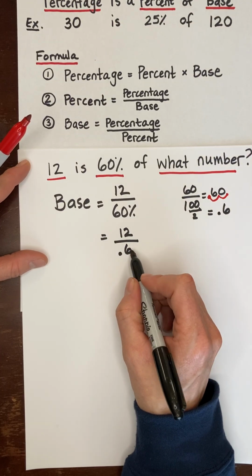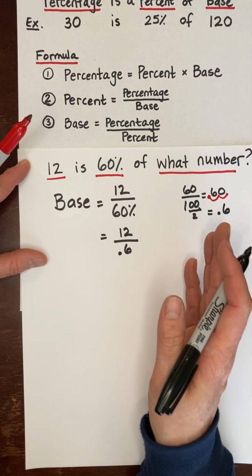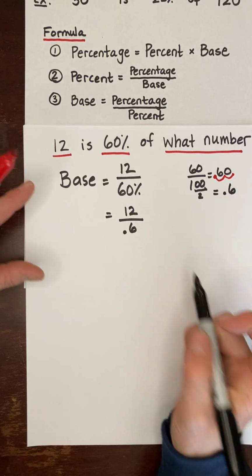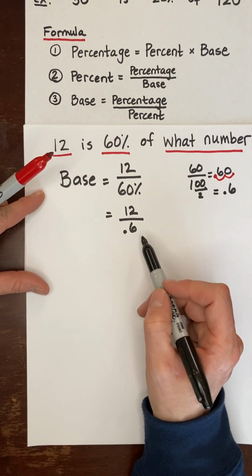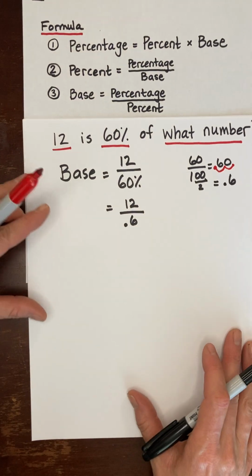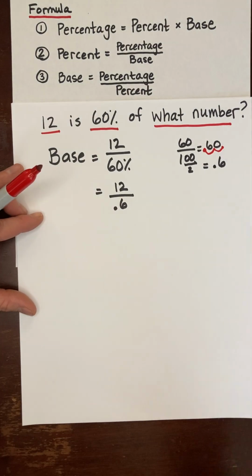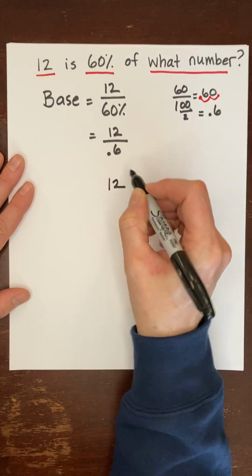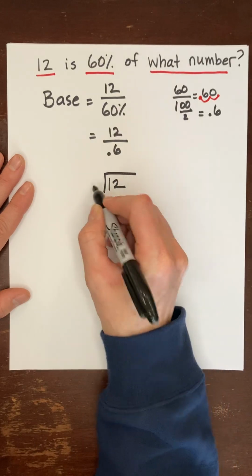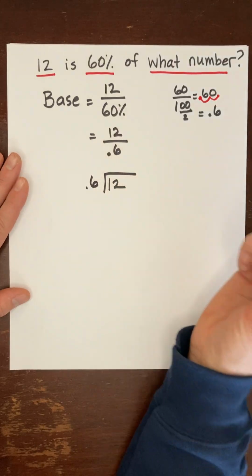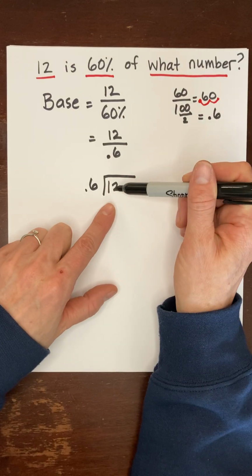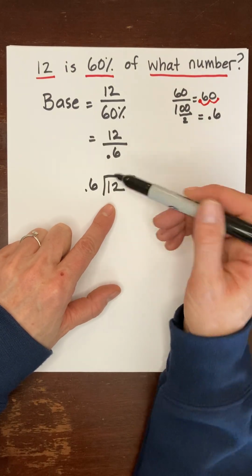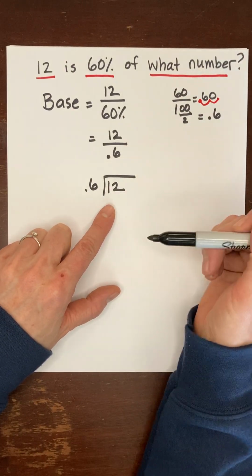Now I could put 0.60. That is totally fine, but I don't need to. It won't make a difference to the number. I can just write 0.6. Now let's write a long division problem. So let's have 12 divided by 0.6. Okay, the number on top goes inside the house. The fraction means divide, and the number on the bottom goes outside.